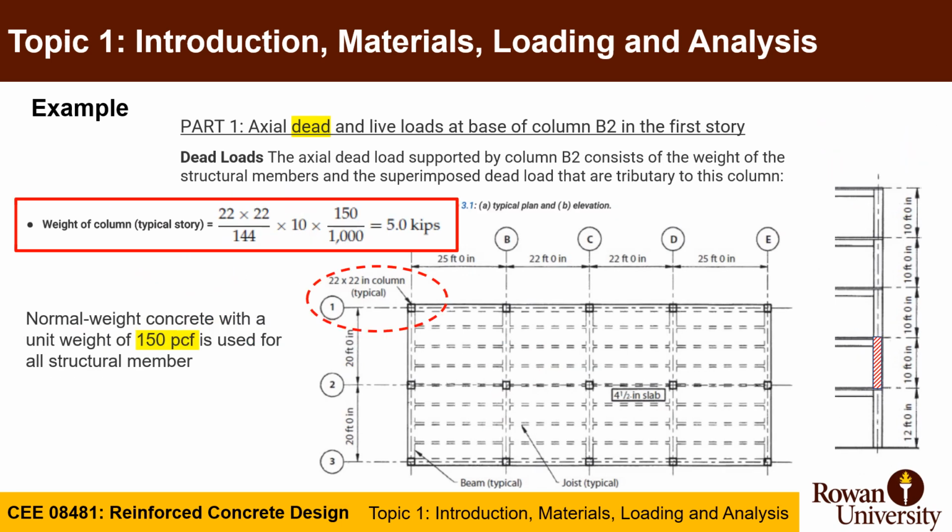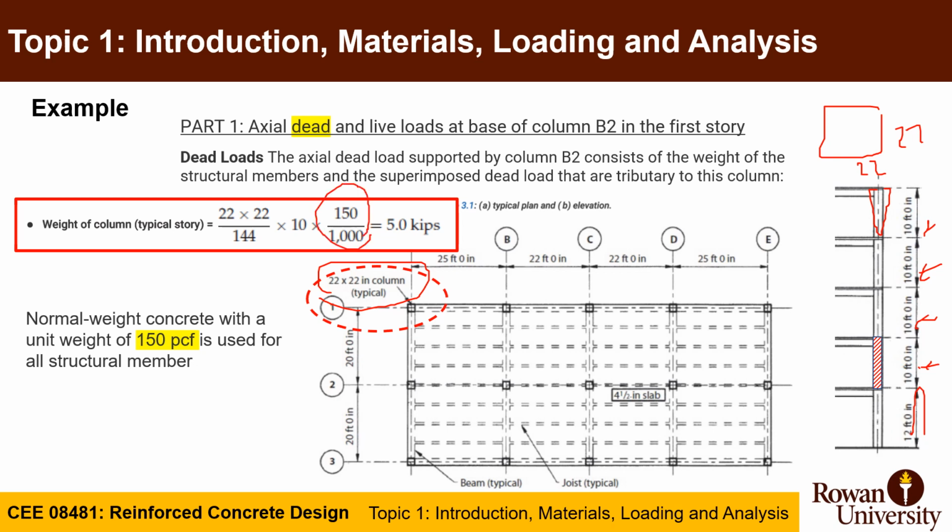Also, the column carries its own weight. In this example, we have typical columns of 10 feet, and the first floor is 12. That's why you have to do it twice. The column now is 22 by 22, as you can see in the typical 22 inches by 22 inches. And the own weight has to be the volume of the column, let's say this column, times the unit weight of concrete. Unit weight of concrete is 150 over 1,000.